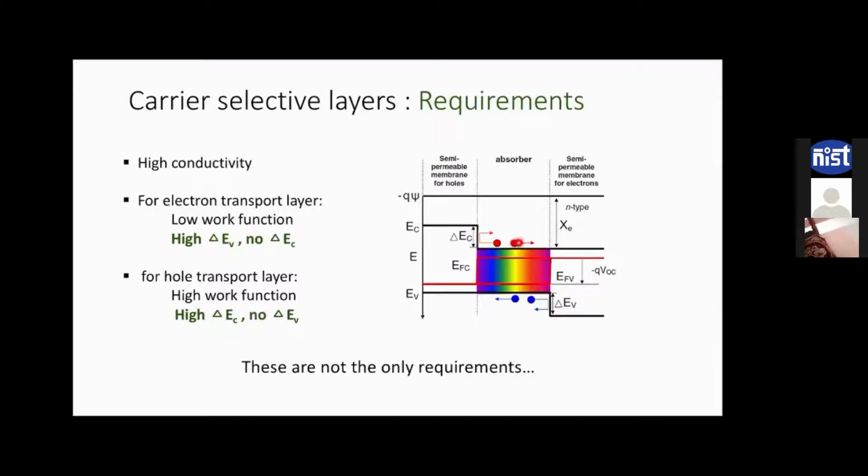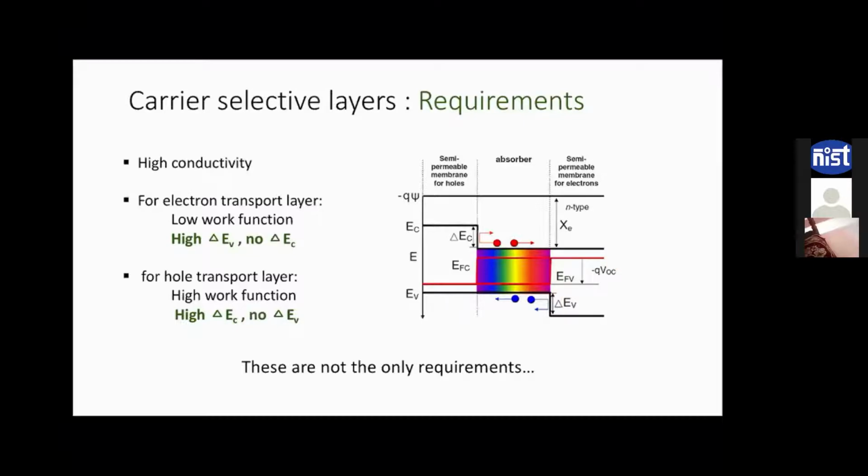Once the electron crosses the junction, it should transport very nicely through this electron transport layer. So this electron transport layer should have high electron conductivity. These three are the basic requirements to design a heterojunction solar cell.